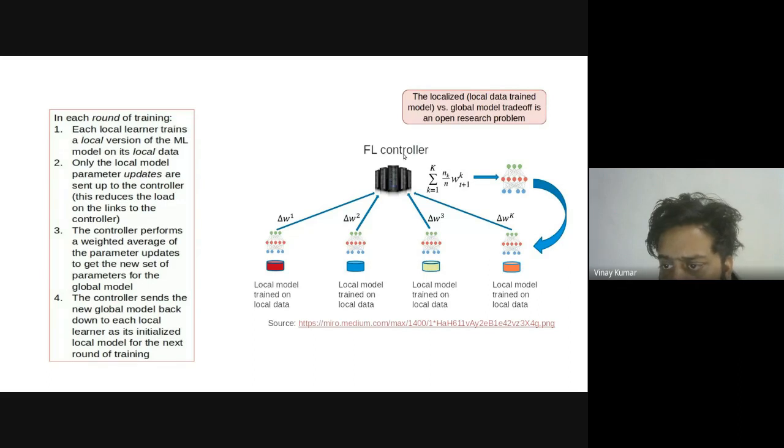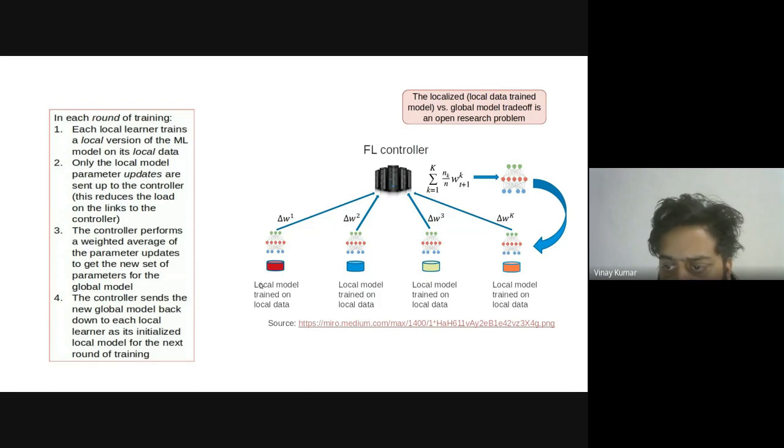Then that model will be pushed to the local models at first. So the FL controller will push the global model initiated at the first iteration to the local parties. The data available on each of the parties will be used to train that global model on each of the local machines or local parties.